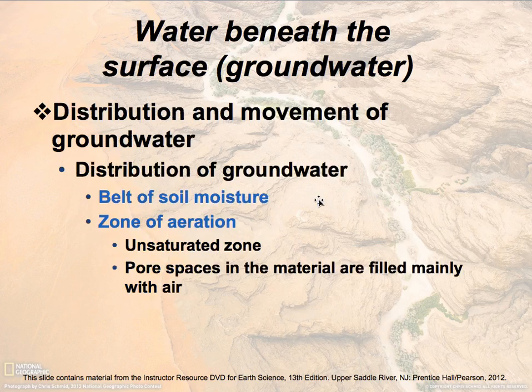Water beneath the surface is described with two different zones. Groundwater is distributed in two zones: the belt of soil moisture, or what's called the zone of aeration, or the unsaturated zone. That is where pore spaces in the ground are filled mainly with air, but there is water adhering to individual grains and organic matter.